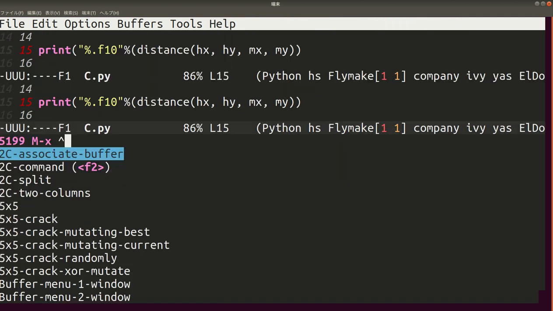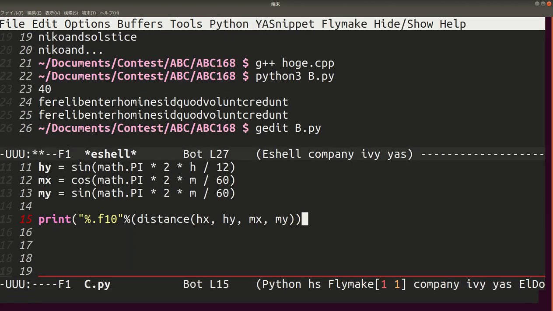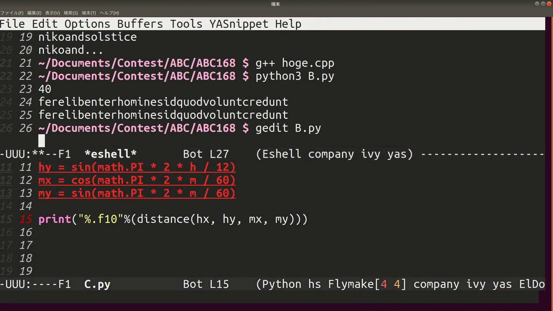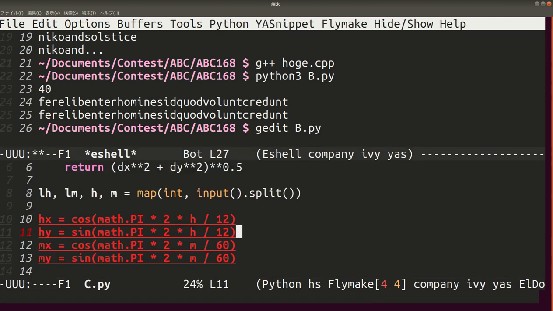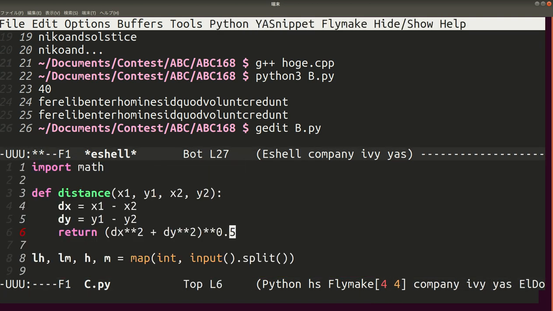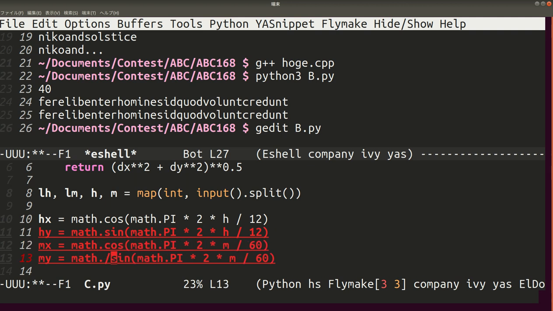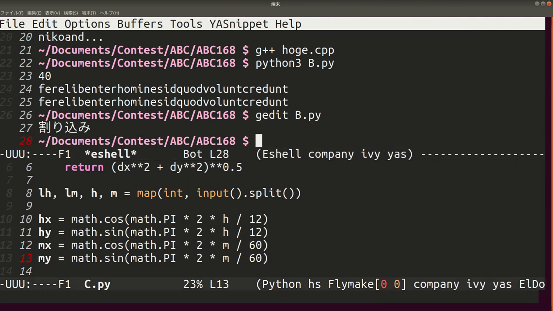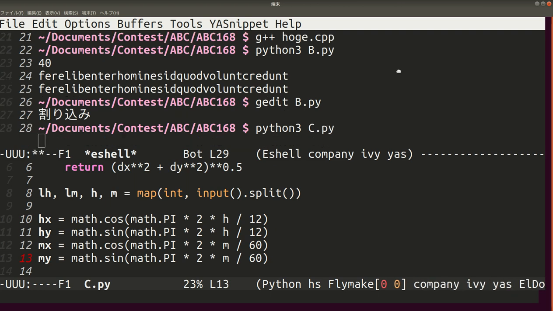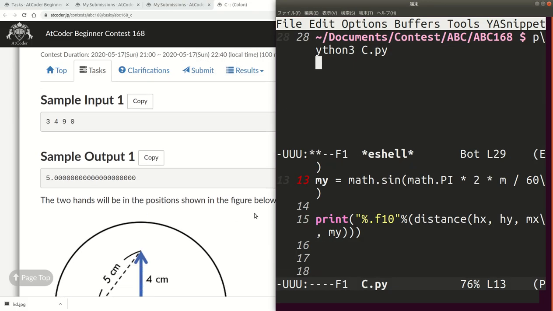Okay, I forgot to close the parenthesis. And oh, what's going on? Yeah, we have to add math dot here. This is simple math. Okay, let's do the sample with pi 3490.